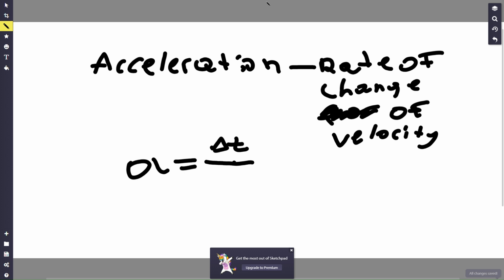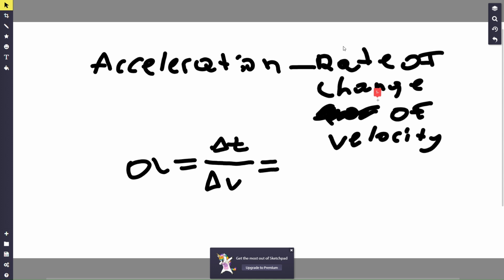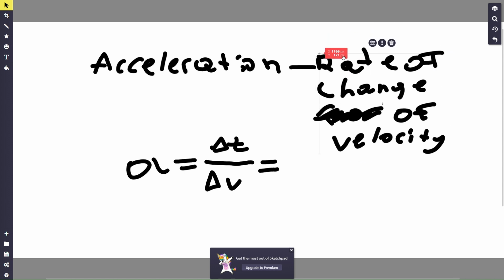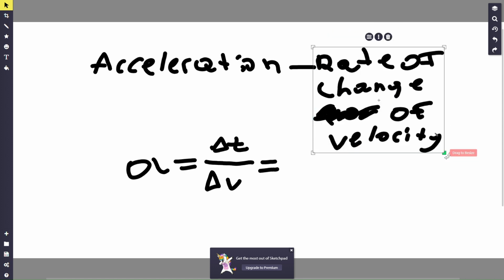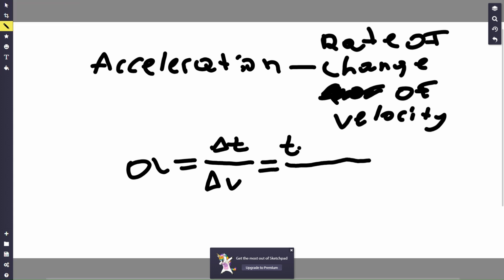This can also be equal to vf minus vi over tf minus ti.